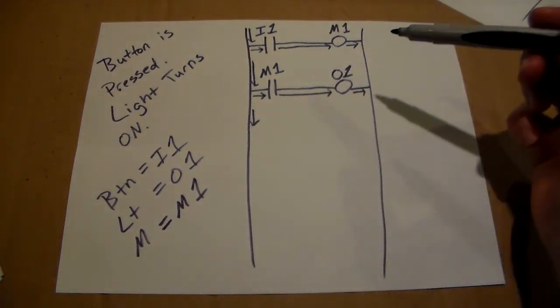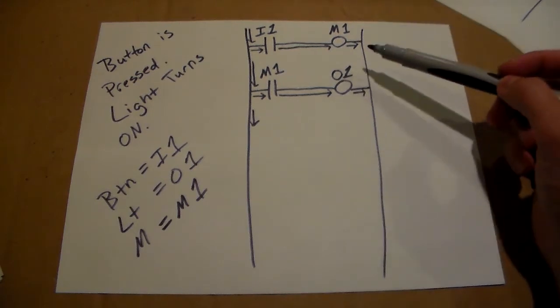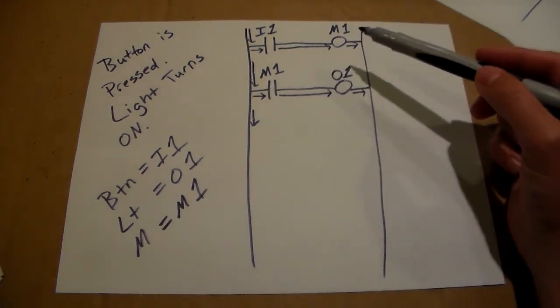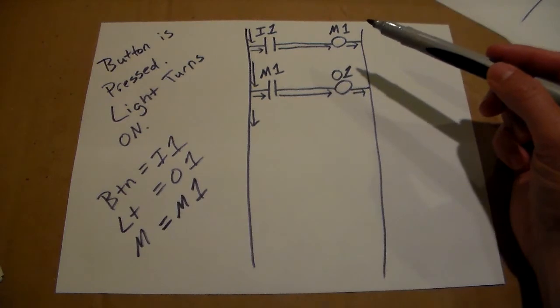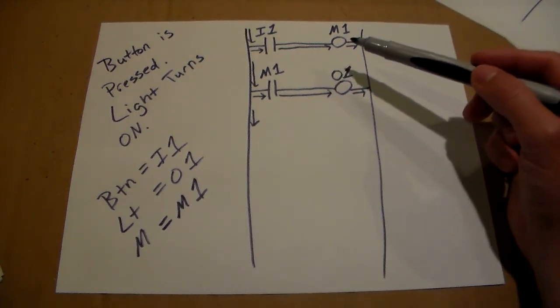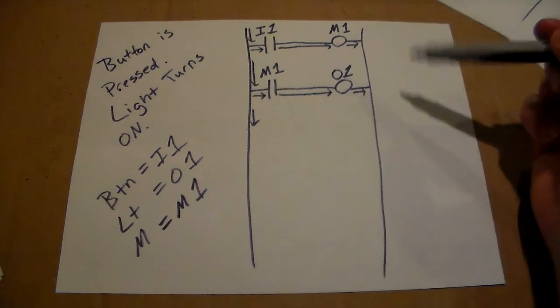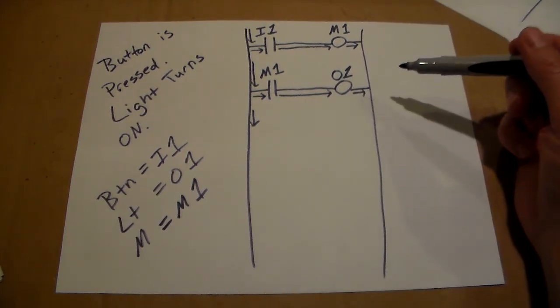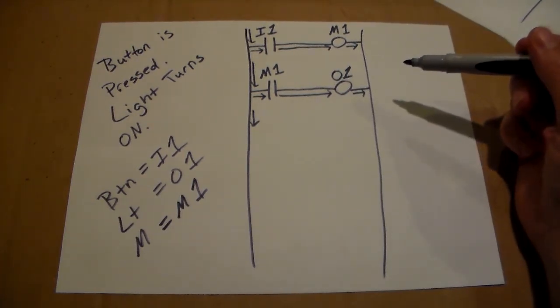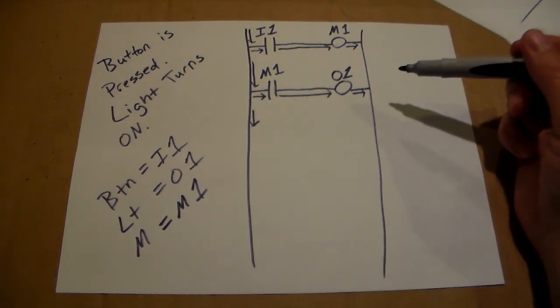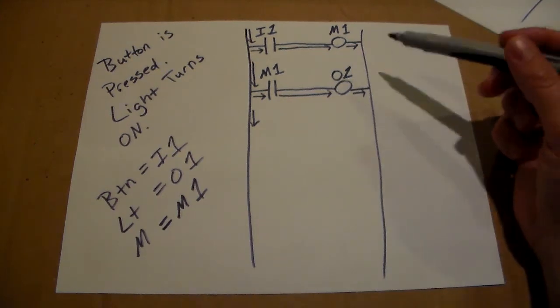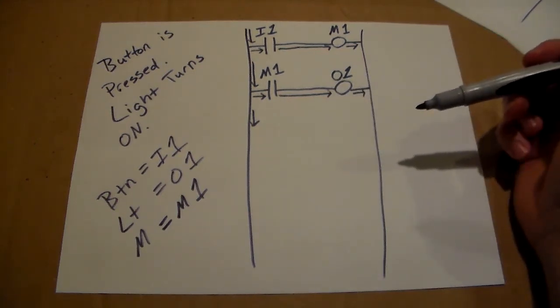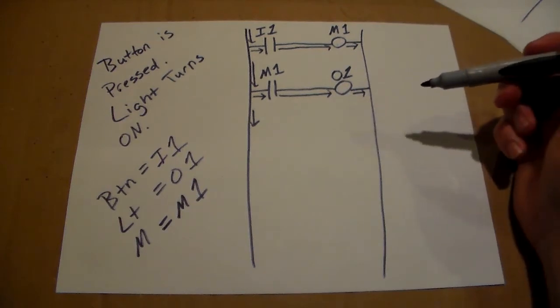So the same program as a while ago, we just programmed it differently, and we used the internal memory. And you might be saying, why would you want to do this? I know this is kind of a bad example of the need for internal memory. I just wanted to demonstrate how it works and keep the scenarios simple. What you'll see is once you start programming more complicated programs, that you can't do it with just inputs and outputs, that you have to use internal memory just for the program to work.